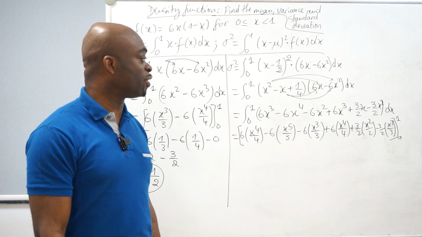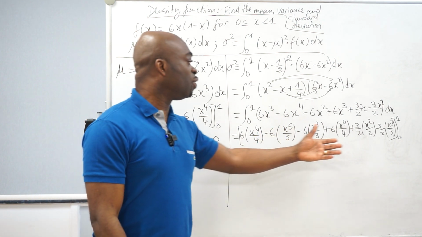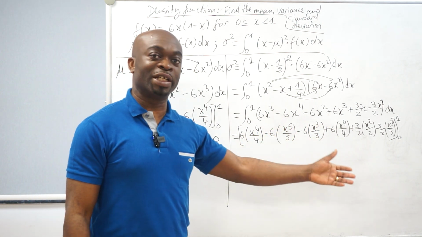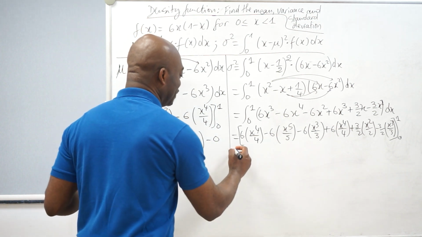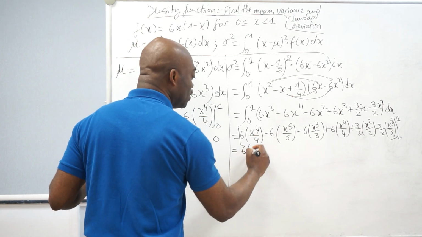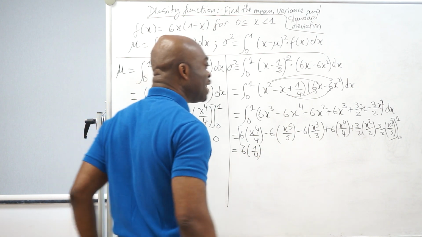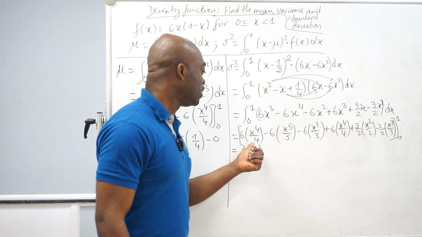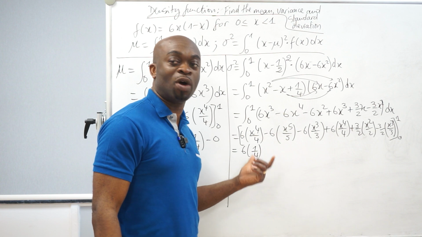Okay? So far, so good. So now we'll be able to work all these out and see what we get. So this is equal to 6 times 1 over 4, because now we substituted 1 inside. So that gives us 1 to the fourth power, which is 1, and 1 over 4.